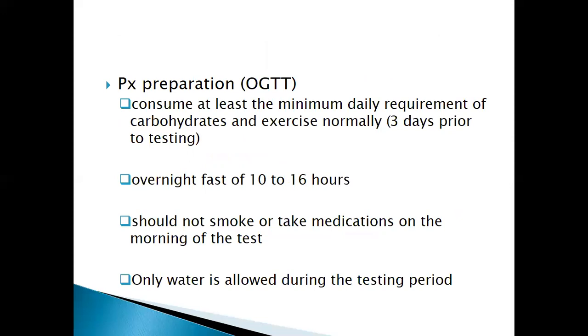We also allow the patient to consume at least the minimum daily requirements of carbohydrates and exercise normally 3 days prior to testing. The patient also should not have smoked or taken any medications on the day of the testing, and only non-caloric water is allowed during the testing period. So fasting for 10 to 16 hours.